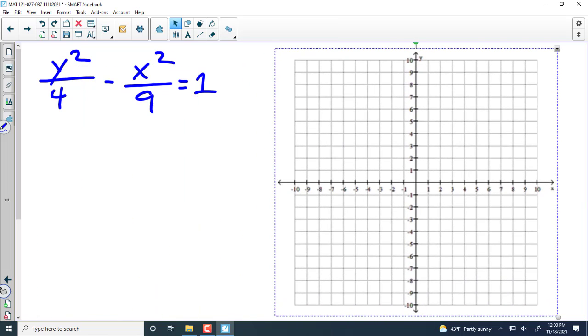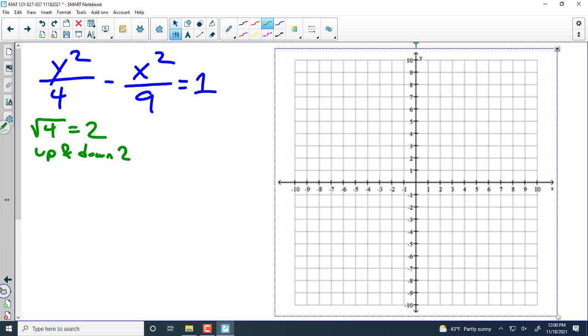All of us, based on all the math we've been doing for the last two days, are used to looking at the first number to see how far we should move left and right. But for this one, since the square root of 4 is 2, we move up and down 2 because it's under the y squared.